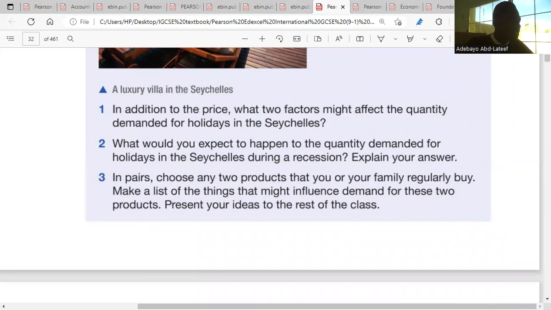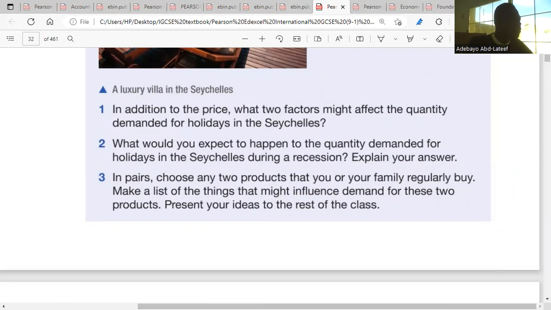Price is a factor that affects demand because of the law of demand. The higher the price, the lower the quantity demanded. The lower the price, the higher the quantity demanded. So price will definitely affect demand, either to increase the demand for the product or to reduce it. Aside from price, what other factors could affect demand?